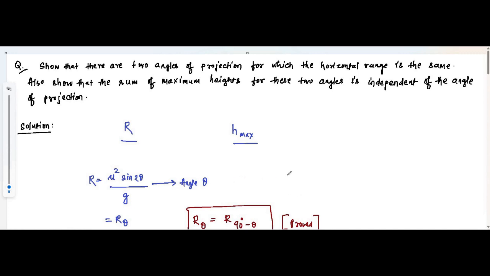First, the formula of maximum height. Maximum height is equal to u square sine square theta by 2g. This is for projection angle theta, so we can call it h max theta. Suppose we replace theta with 90 degree minus theta.